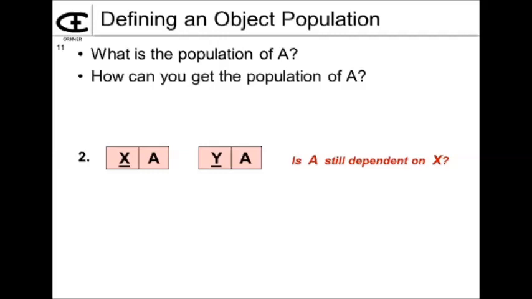So how do I get the population of A? You're all SQL knowledgeable, right? You're going to have to do the union, but you're going to have to union what two things? From X and Y. Yeah, from X and Y, but what else do you have to do?